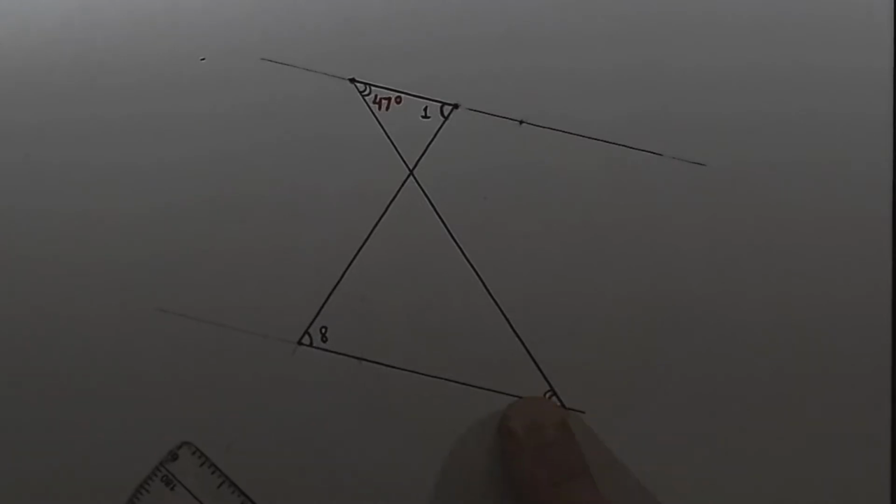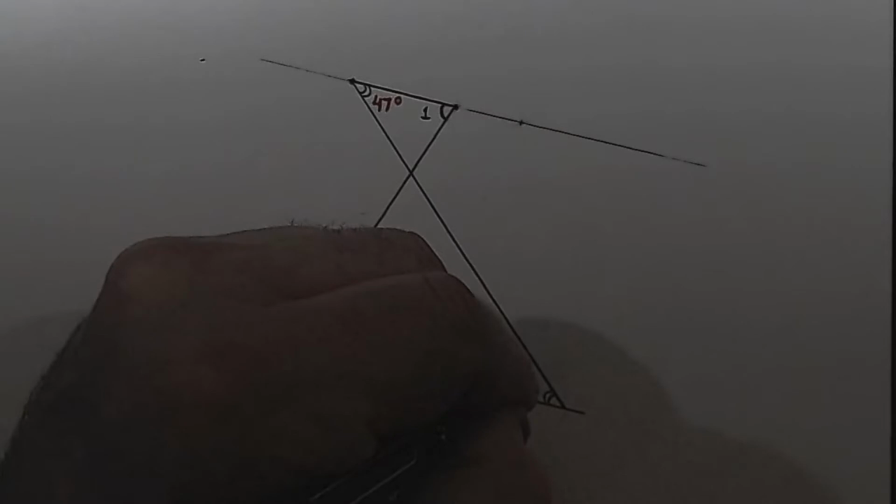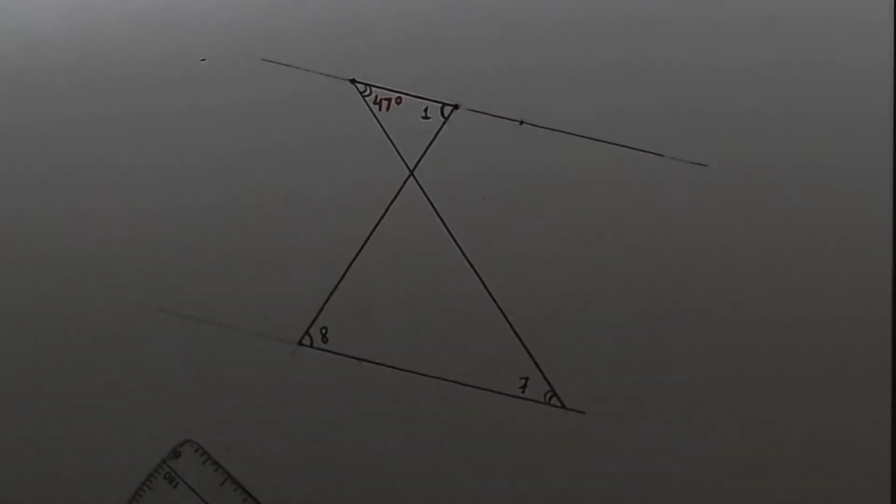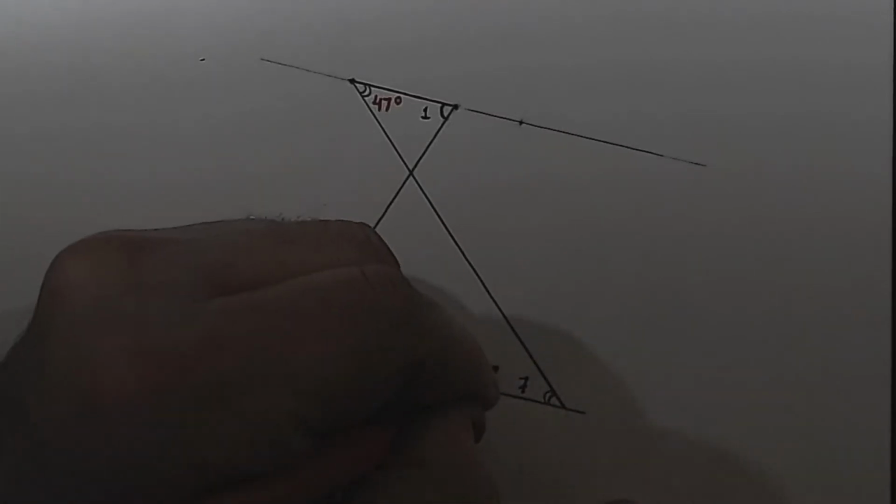And this angle down here was labeled as angle 7. So we've already solved one of them. We've solved angle 7 by the alternate interior angles theorem. Angle 7 must be 47 degrees.